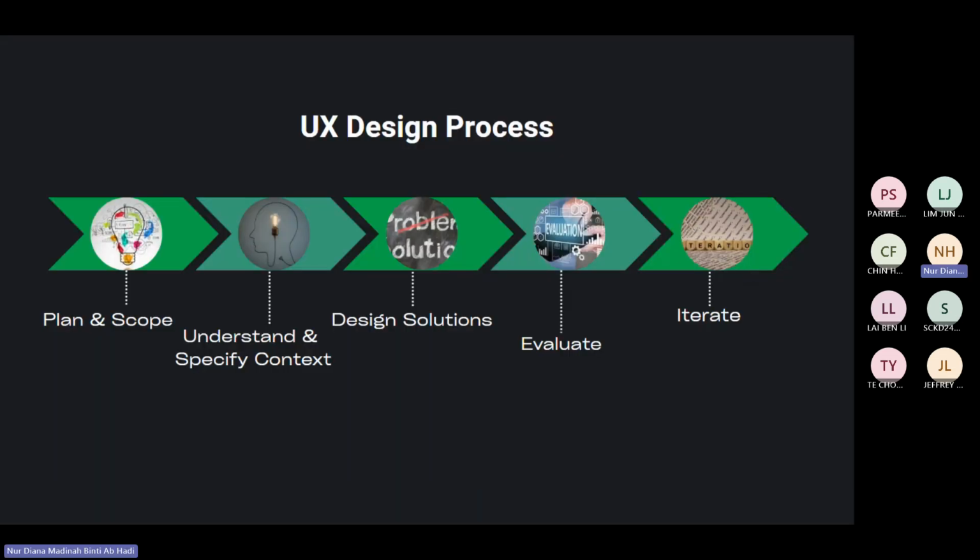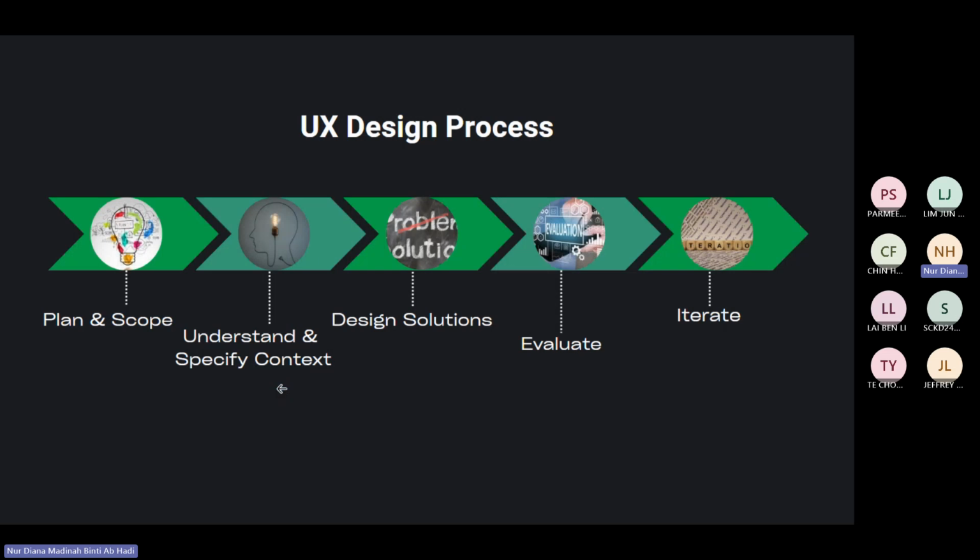So next, we're going into the UX design process. In the UX design process, we have 5 steps. First, you need to plan and do some scoping, to narrow down your scope. Once you narrow down your scope, you need to understand. Once you understand, only then you can specify the context. After you understand and specify, you need to design a solution.